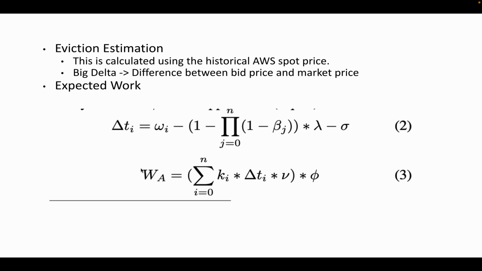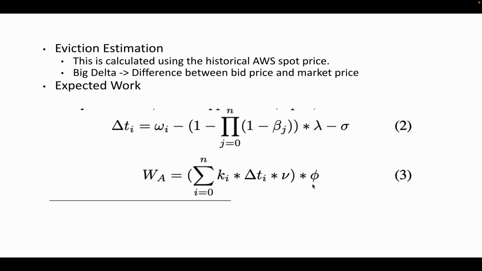And so for calculating the expected total work, we basically multiply the number of instances with total compute time, which is delta t, also called expected useful compute time, and then we multiply it with the work produced by instance type, and we do a summation for this, and we multiply that with phi, which is a scalability factor.